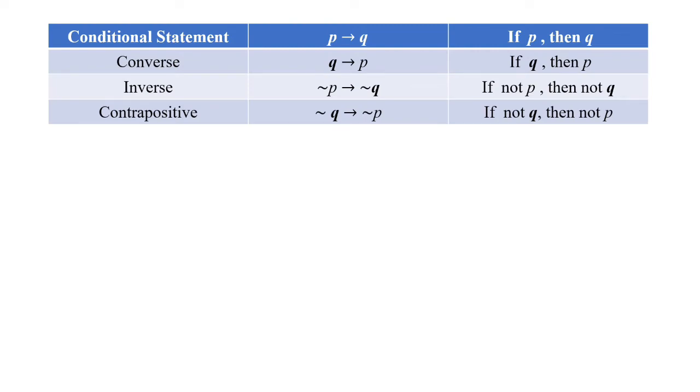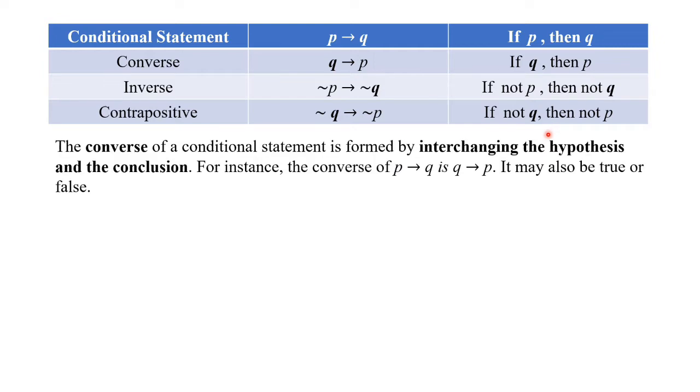Conditional statement: P implies Q, or we can read this as if P, then Q. Next is converse: Q implies P, or if Q, then P. In inverse, not P implies not Q, or if not P, then not Q. The contrapositive: not Q implies not P, or if not Q, then not P.